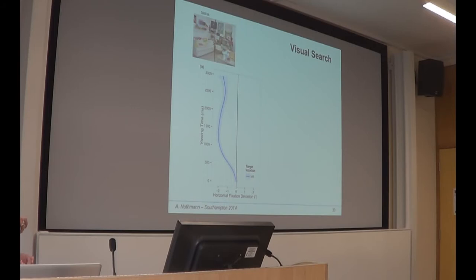What you see here is what you would expect. It's almost trivial. It just means that eventually people arrive at the target. There is a negative deviation. Now, what happens for targets that are located on the right side of the image?